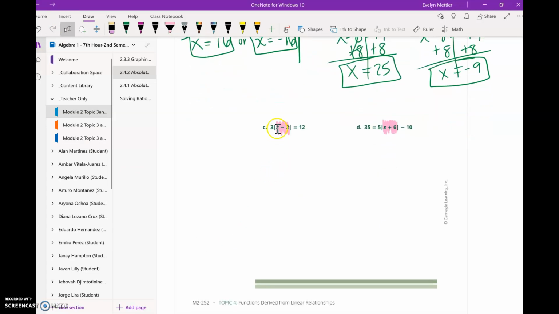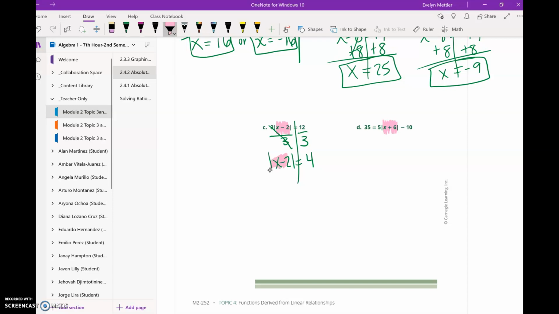Now on C, you might be tempted to distribute. Don't do that. You can't do that, okay? This is not a parenthesis, all right? This 3 cannot multiply inside. We're talking about distance here, okay? This is not a parenthesis to distribute. You got to get rid of that 3. So if your instinct is to multiply it in, we're going to get rid of it using division. Okay? So I have the absolute value of x minus 2 equals 4.